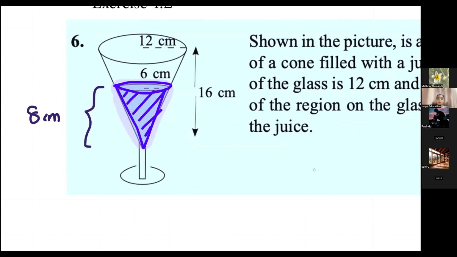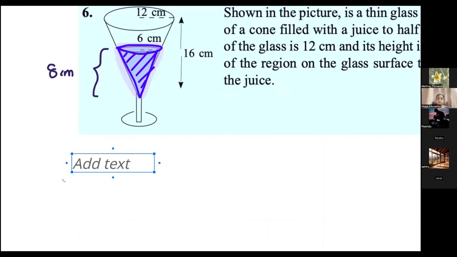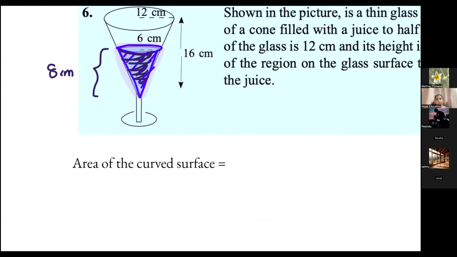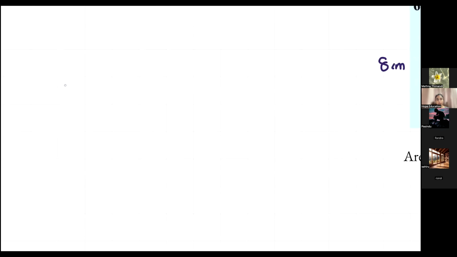What is the formula for finding the area of the curved surface of a cone? I got one answer already. Others, what do you think? What formula do I use for this curved surface around here? If you remember, the total area of a cone is pi r squared, which is the circular surface, plus pi r l, which is the curved surface around.